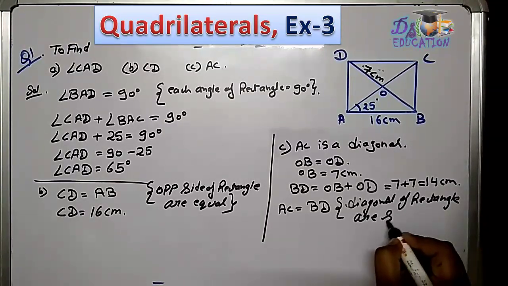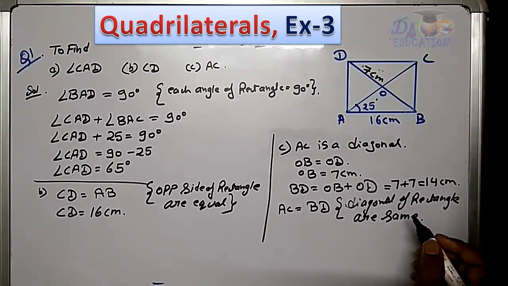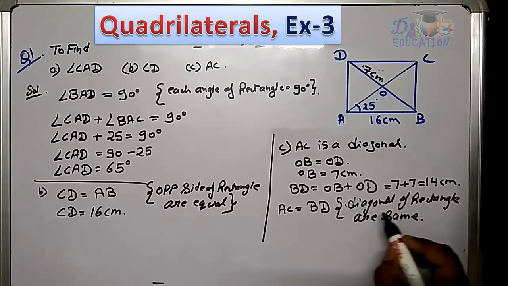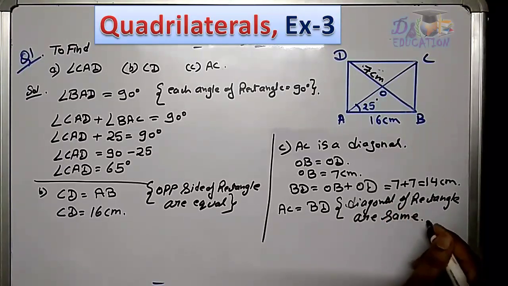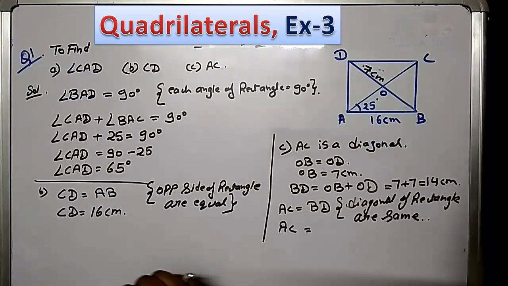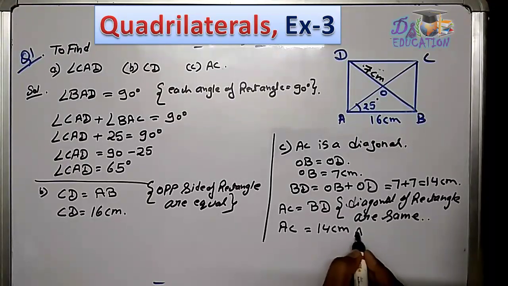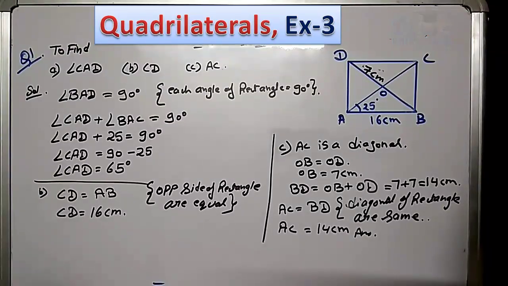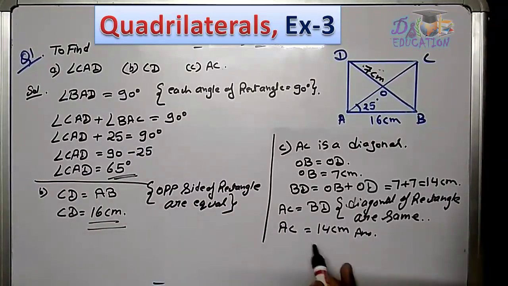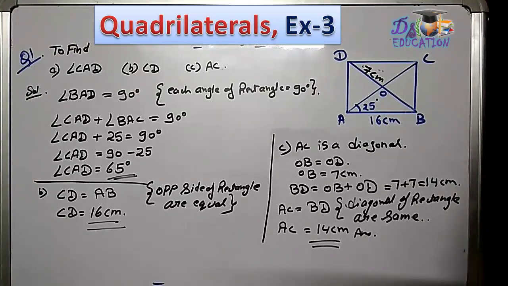What I'm saying, diagonals of a rectangle are same. Clear? So AC is equal to 14 centimeter. That's your answer. This is your answer, this is your answer, and this we had to calculate. Understood, students? Move to the next question.